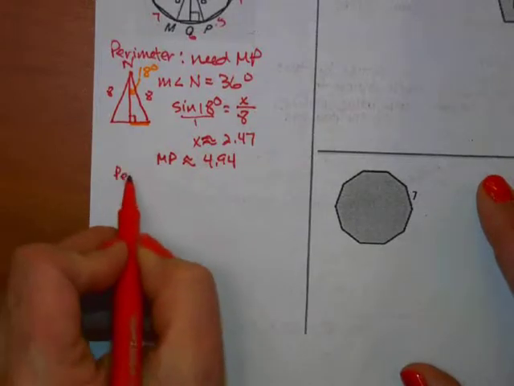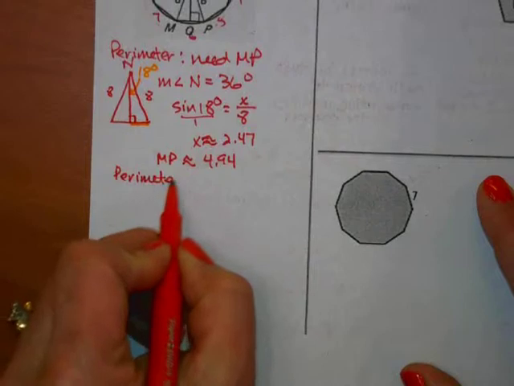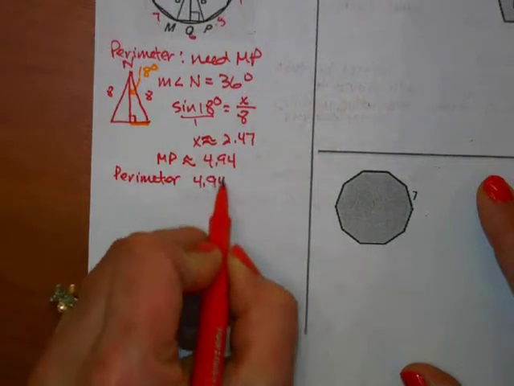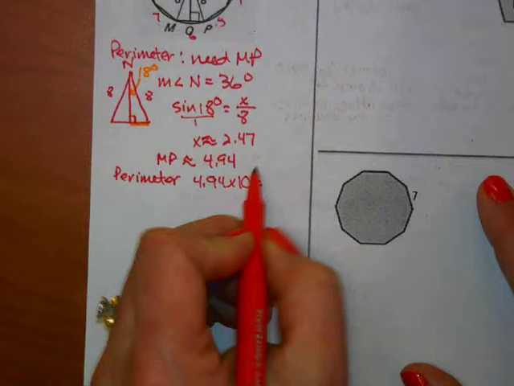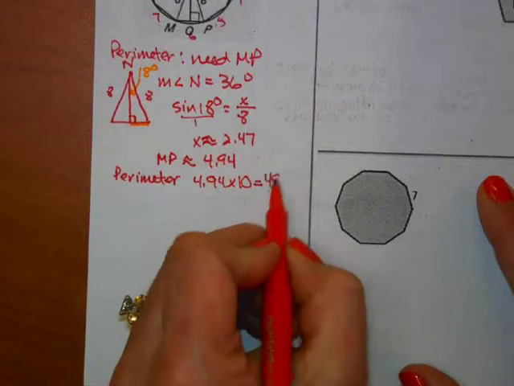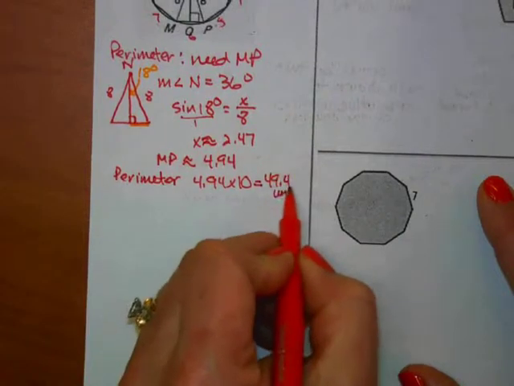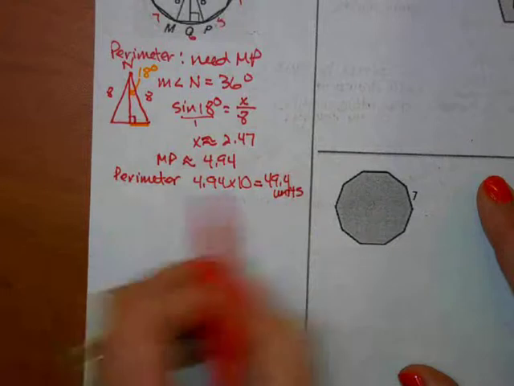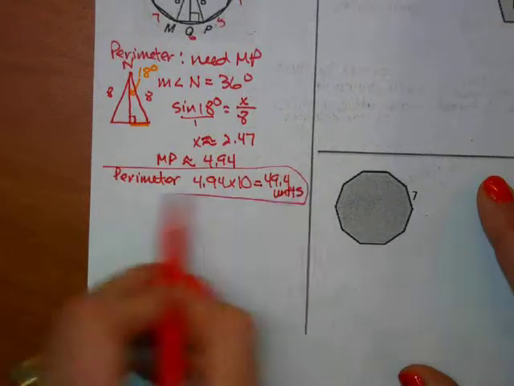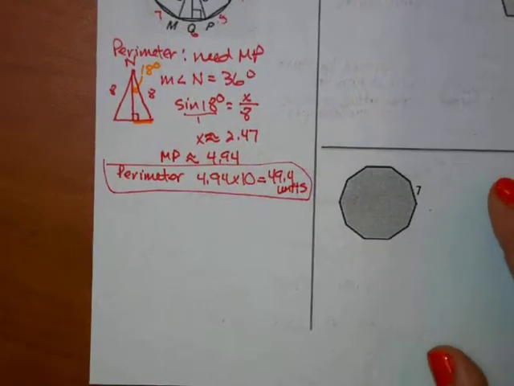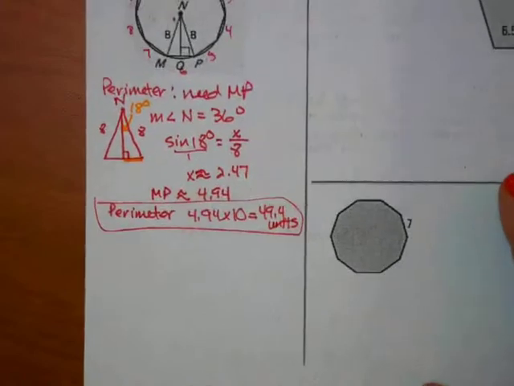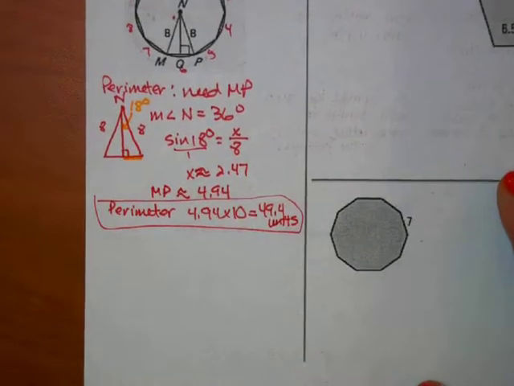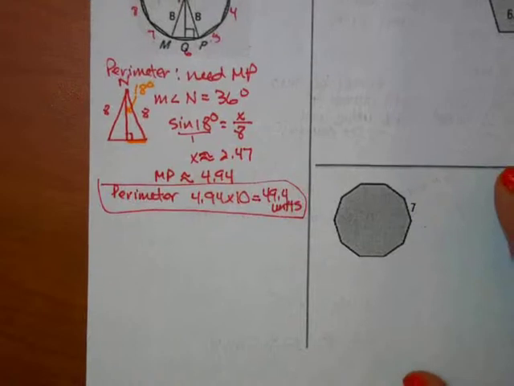So the perimeter is 4.94 times 10, which is equal to approximately 49.4 units. So there's the first part of that problem. See why it takes a long time?